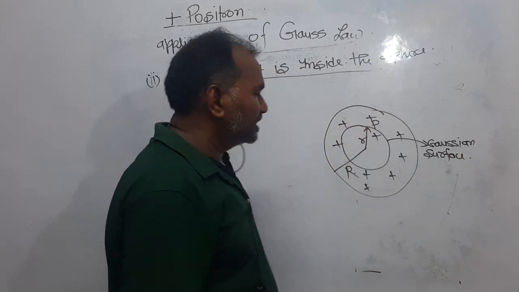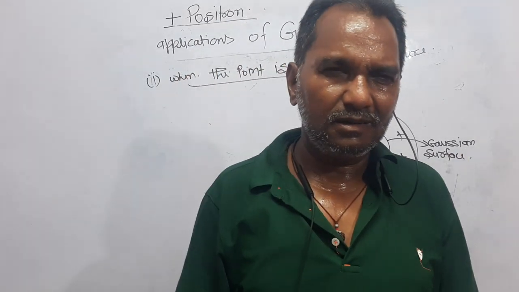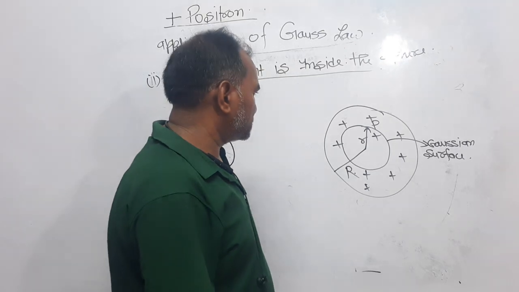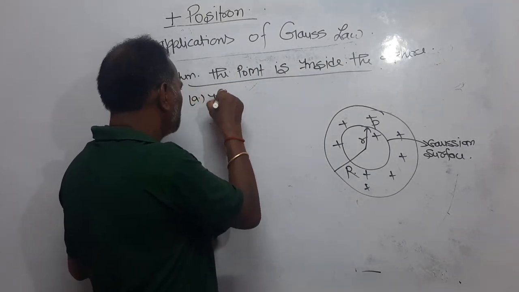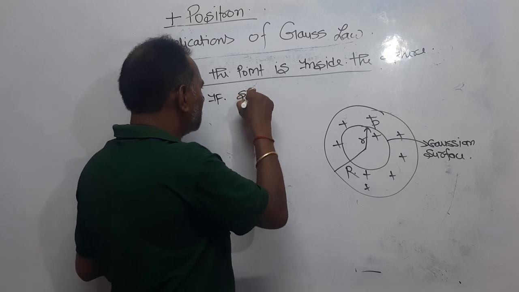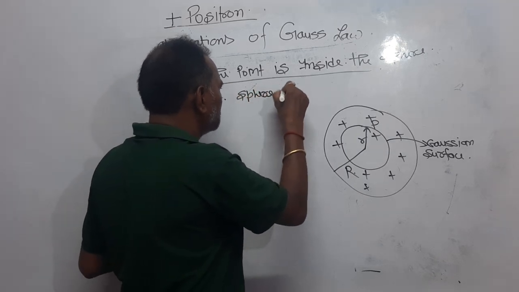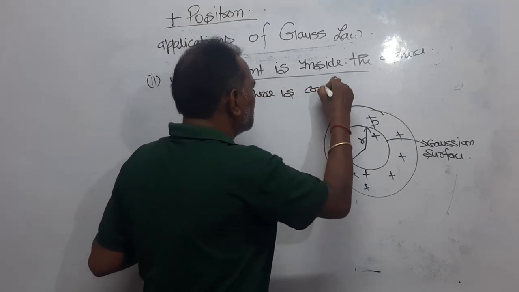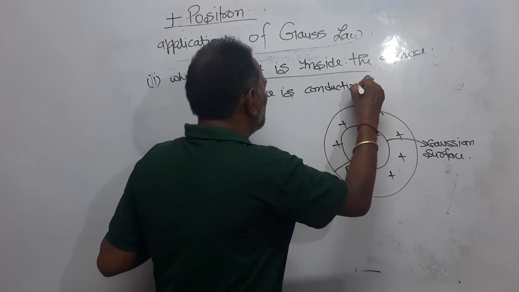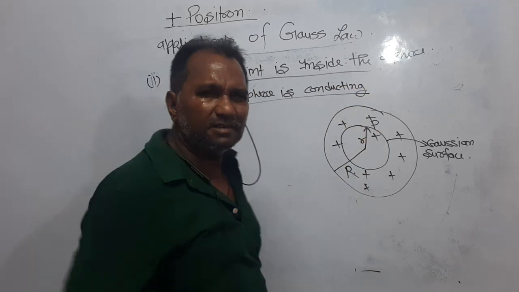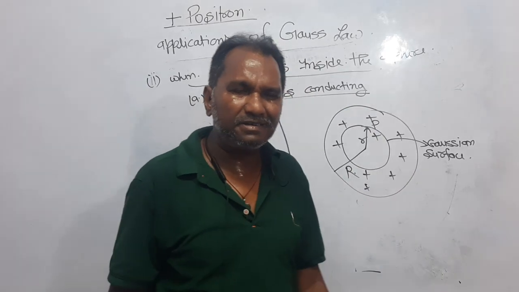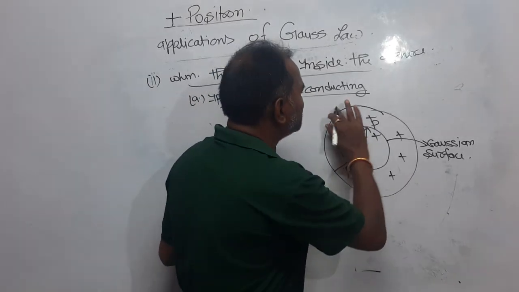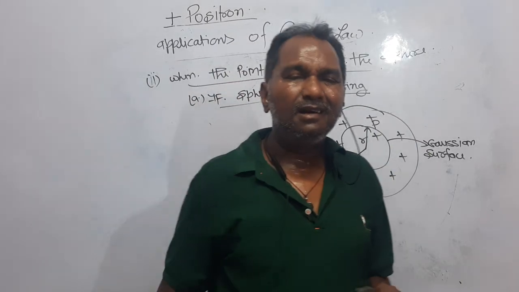Dear students, here are the two cases, right? The first case is part A. If the sphere is conducting, despite it being a solid sphere, the whole charge will reside on the surface, right?